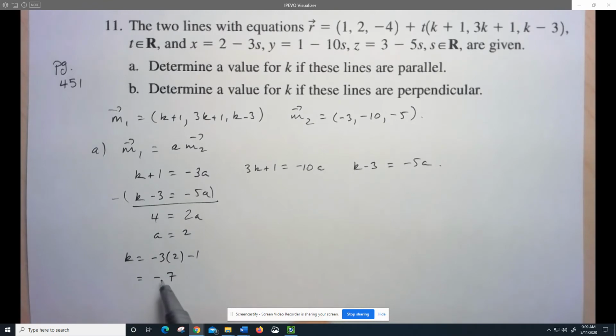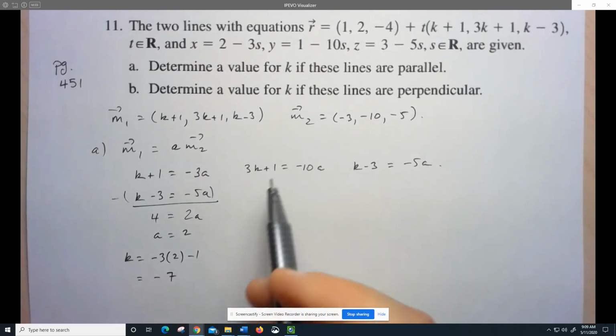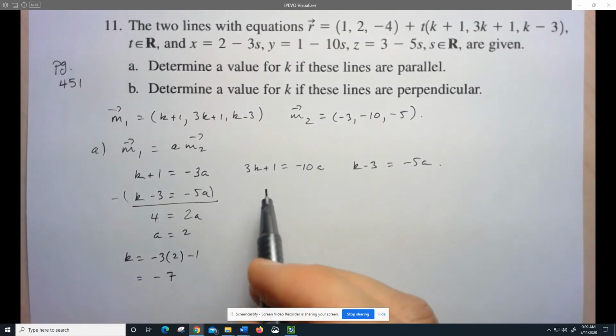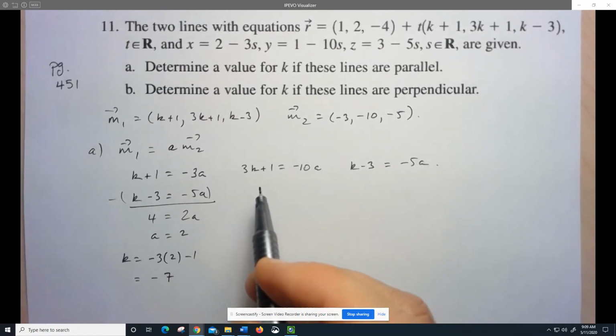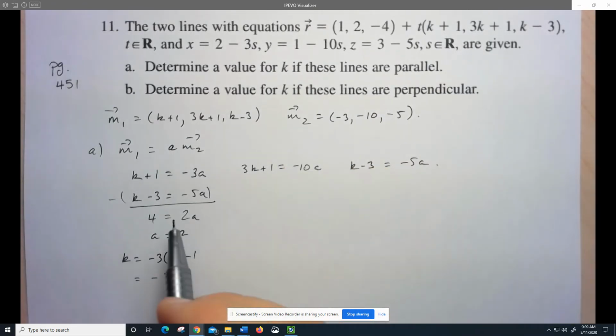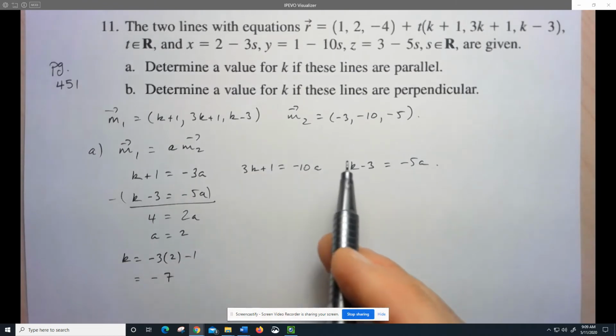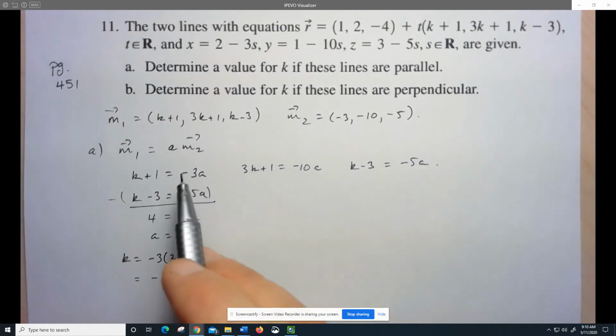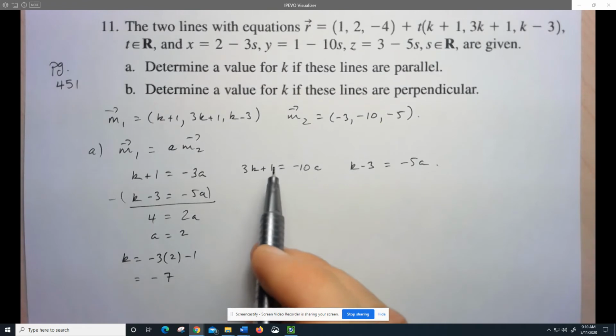I need to make sure that this same value of k and a will make the second component work, because there's no guarantee that I can ever make these two lines parallel. I need to make sure that it works with all three of the components, not just the x and the z.